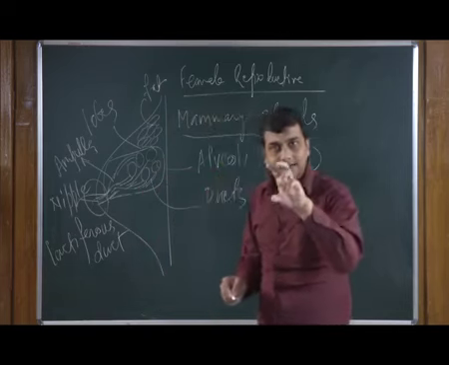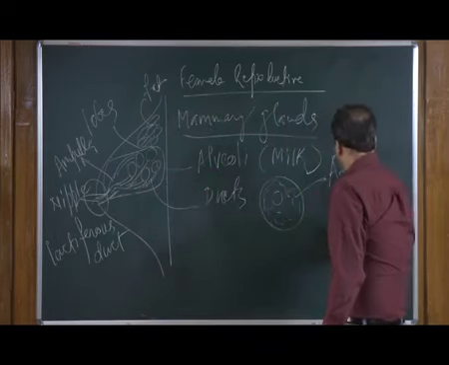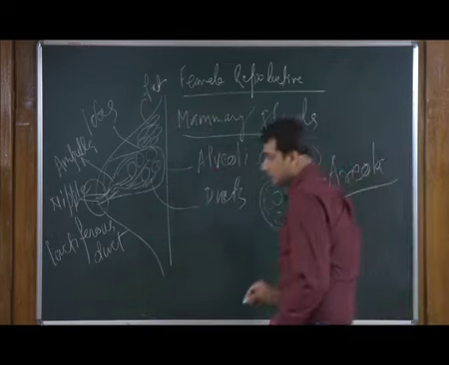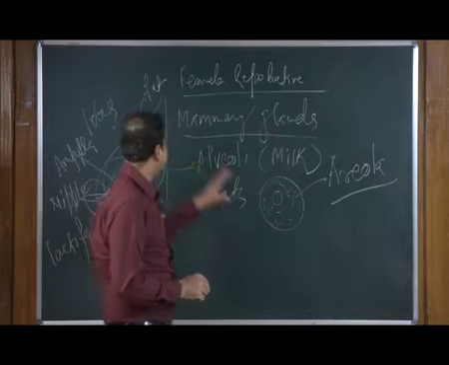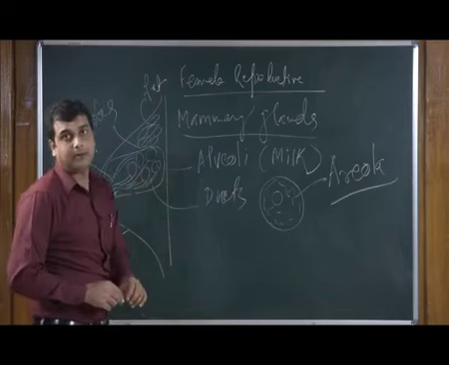This dark area is called the areola. The dark covered area around the nipple is called the areola. These are some of the parts associated with the mammary gland.